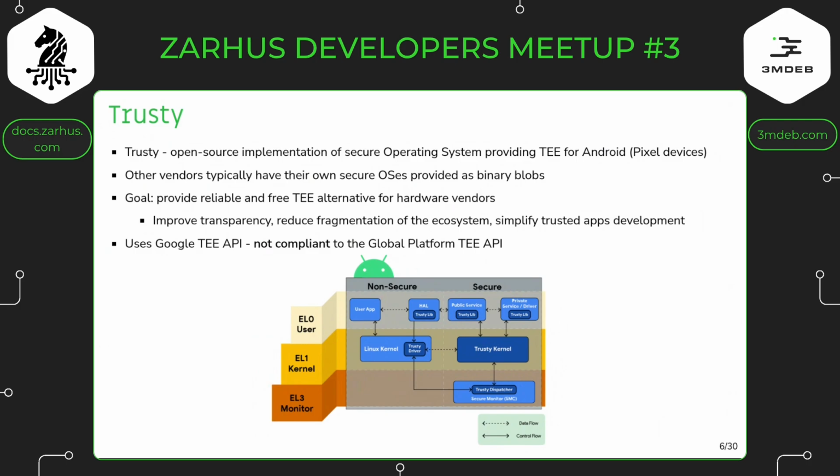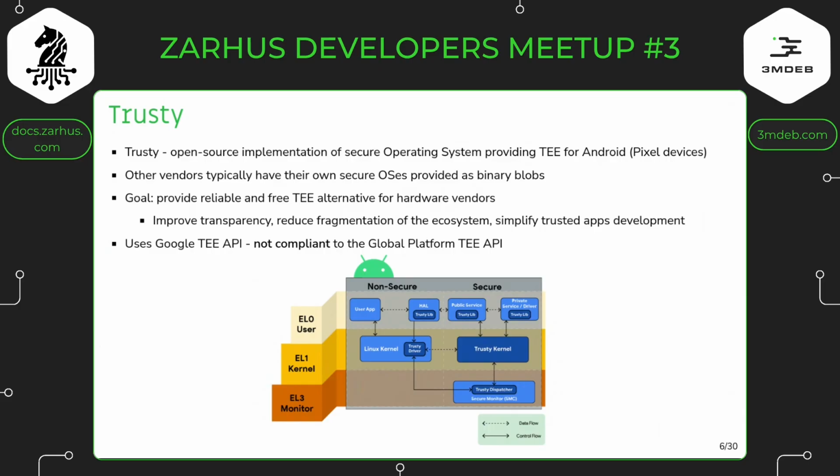Then the next component we will talk about is Trusty. Trusty is a specific implementation of a trusted execution environment. Google has noticed that many vendors provide some form of trusted execution environments and operating systems and trusted applications, but only in the form of binary blobs. So they went ahead and created an open source implementation of a secure operating system.